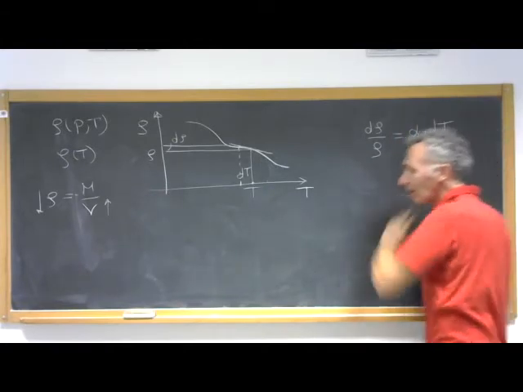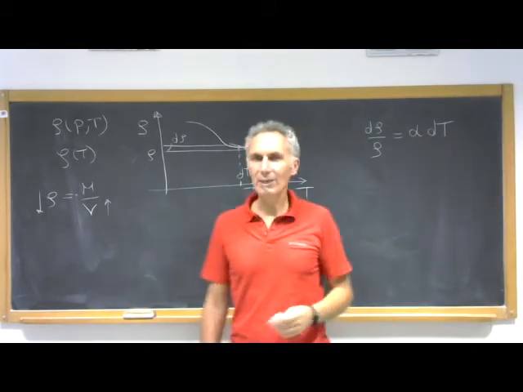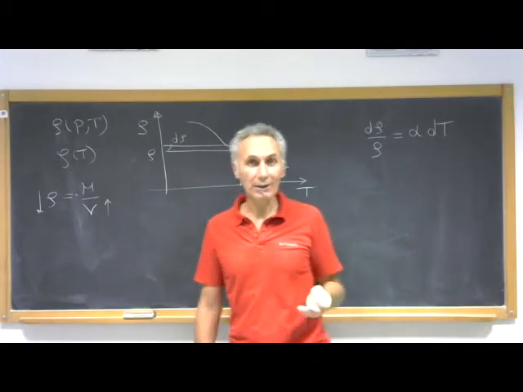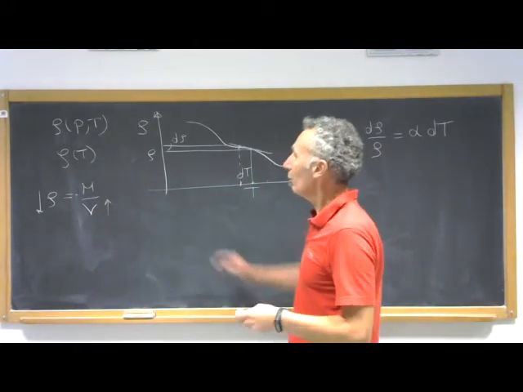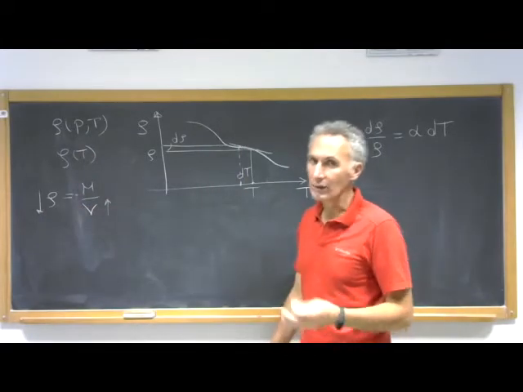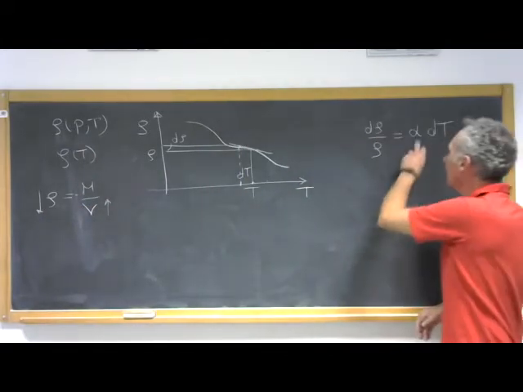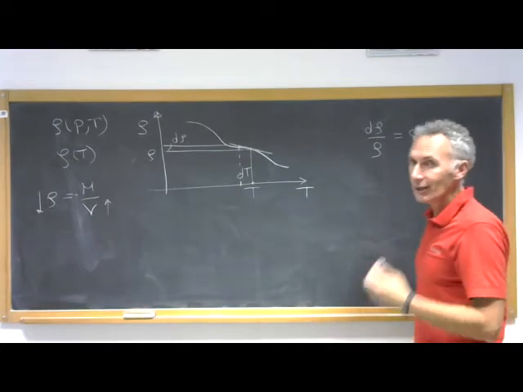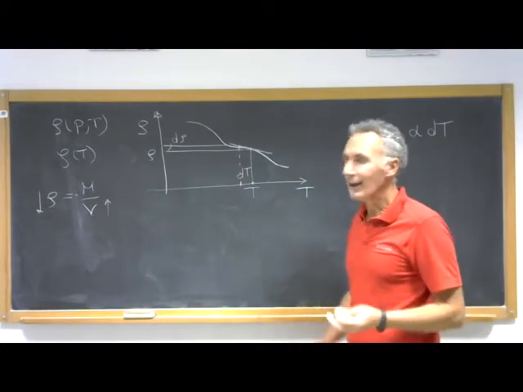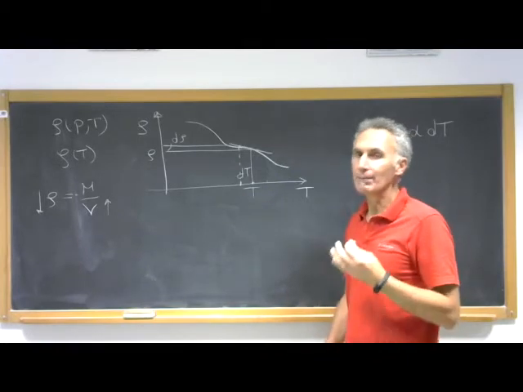And this parameter alpha, which depends on the material, is called the thermal expansion coefficient, or actually, to be more precise and just to stress that now we keep pressure constant, it is called the isobaric temperature expansion coefficient. Why is it called temperature expansion?